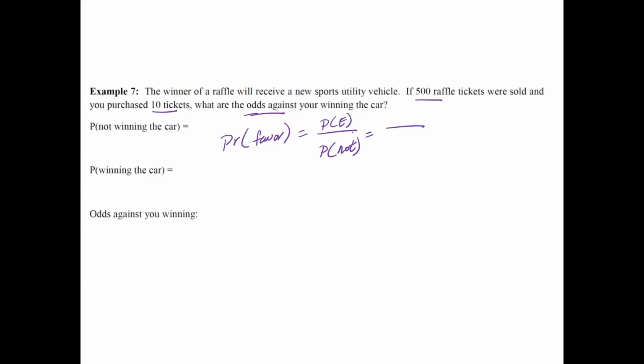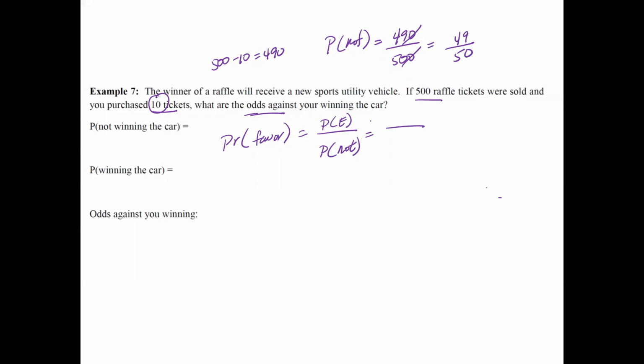So the probability of not winning the car: you only have 10 tickets, so the chance of not winning the car is the remainder, 500 minus the 10, which is 490, divided by 500. That 10 cancels, and you have 49 over 50.